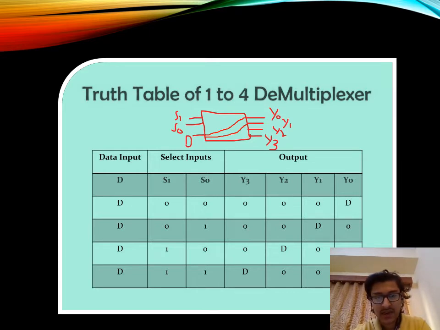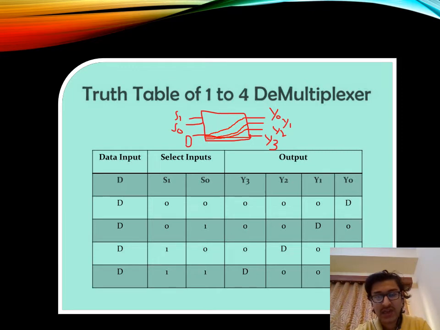Now when we take S1 and S0 as 1 0, D will connect to Y2, and we will get Y2 = D and everyone else 0 0 0. And at last when we take S1 and S0 as 1 1, then D will connect to Y3 and we will get Y3 = D and everyone else 0 0 0.